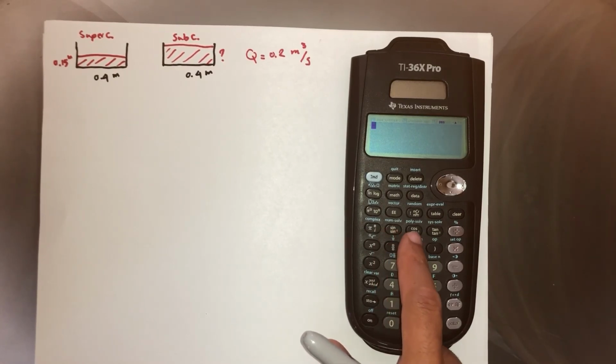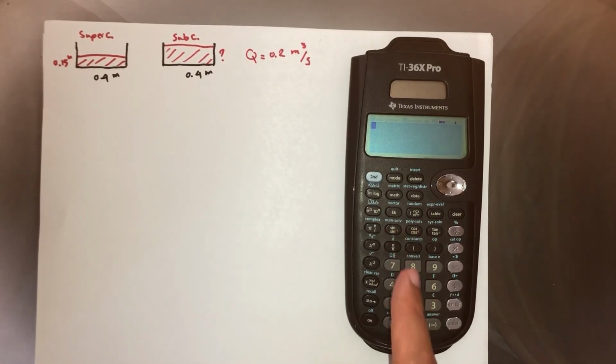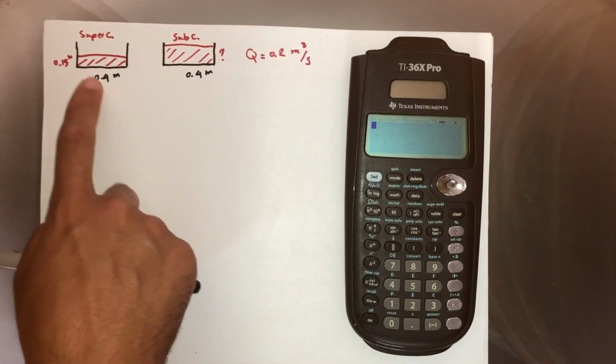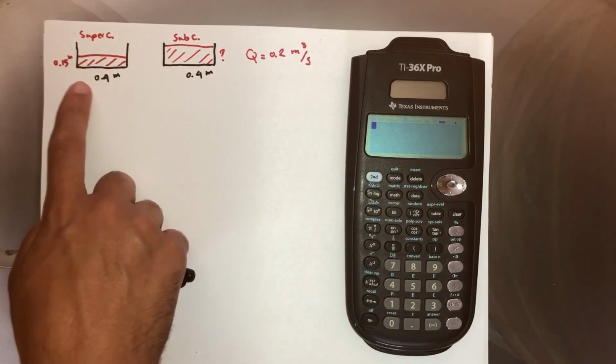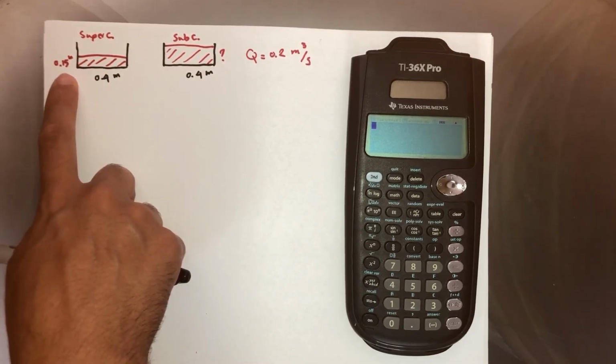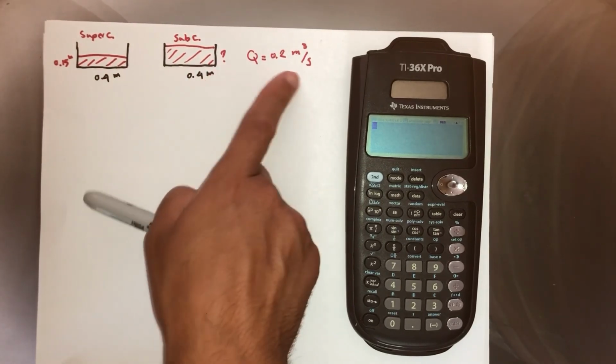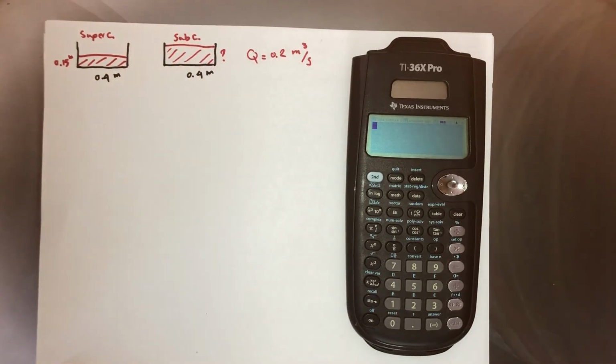But for the polynomial solver, that's when you actually know this is your second or third degree equation, so you can solve for all the roots at once. Here I have a rectangular channel. In the supercritical form, I have the depth as 0.15 meters. I want to find the alternate depth given the 0.2 cubic meter per second discharge rate.